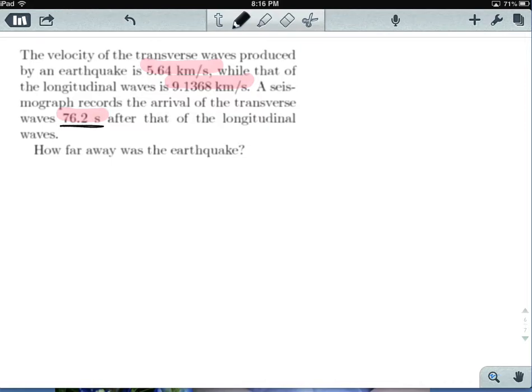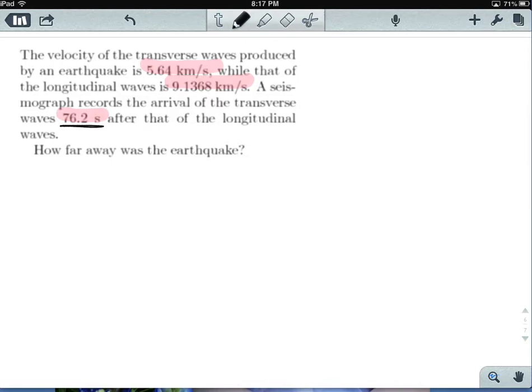Okay, what we have to understand is that both of the waves are going to travel the same amount of distance. So what we have to find out is the original time, meaning how long it took to actually travel for that longitudinal wave. We're going to have two equations, both with something in common, which is the distance.